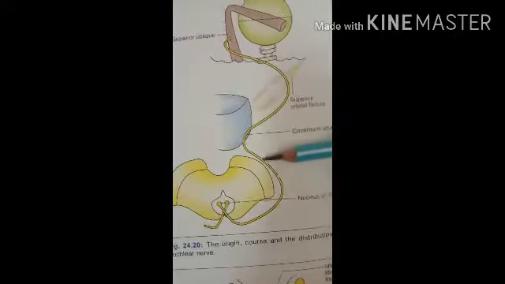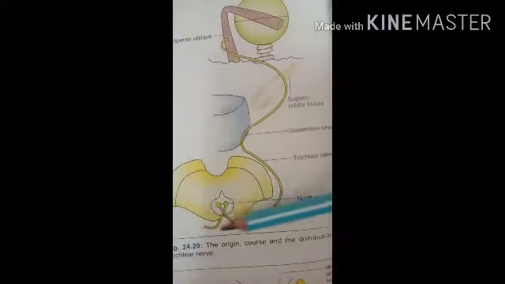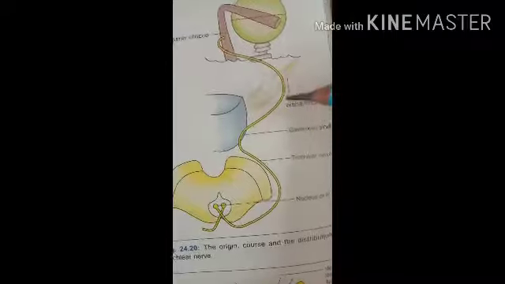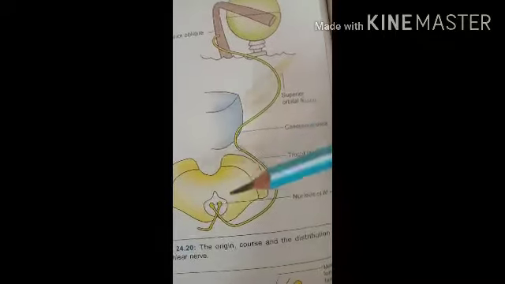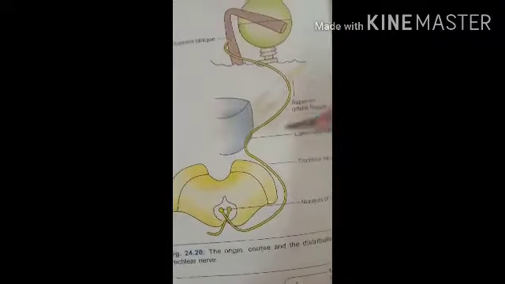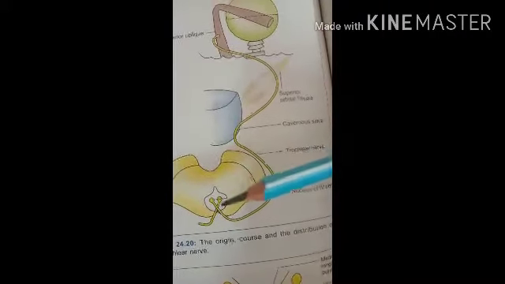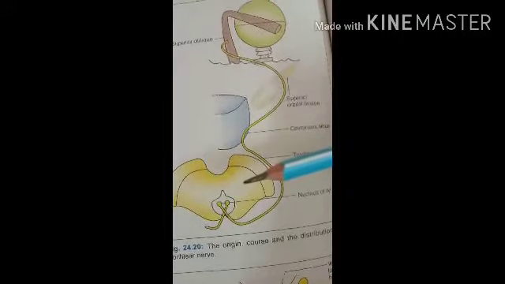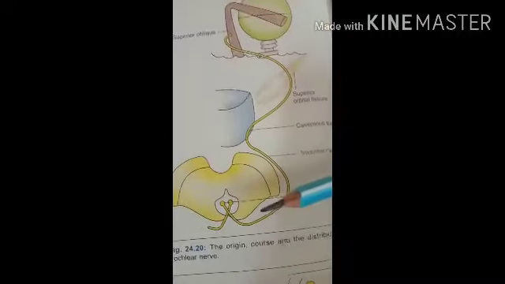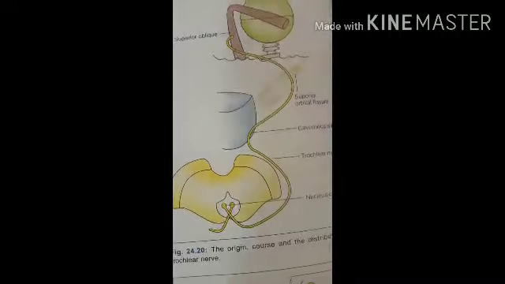It is the most slender of all cranial nerves and it is the smallest cranial nerve. Then the nucleus receives only ipsilateral corticonuclear fibers and physiologically this nerve is called the third eye.